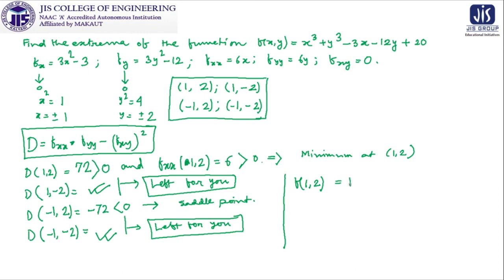So it is 1 plus 8 minus 3 minus 24 plus 20. So it is 29 minus 27, so it will be 2. This is your minimum value of f, which is at the point (1, 2).